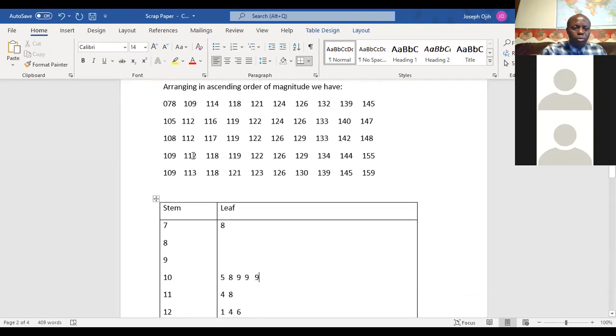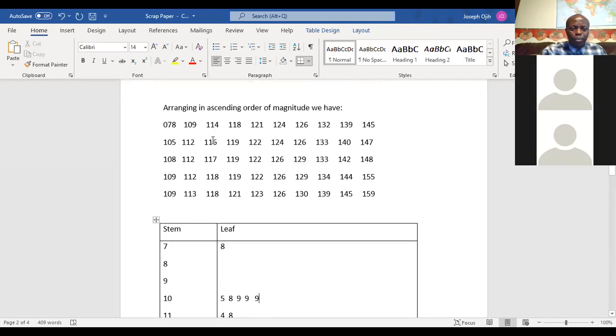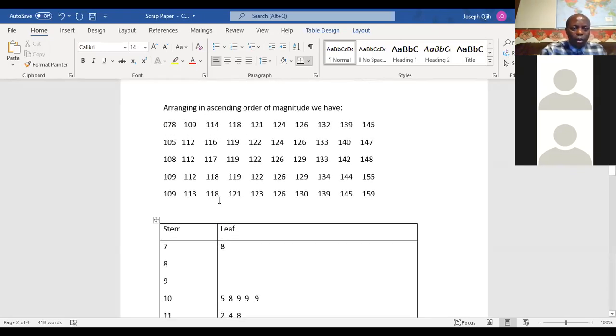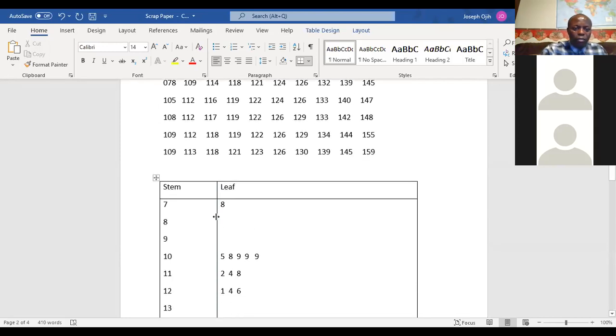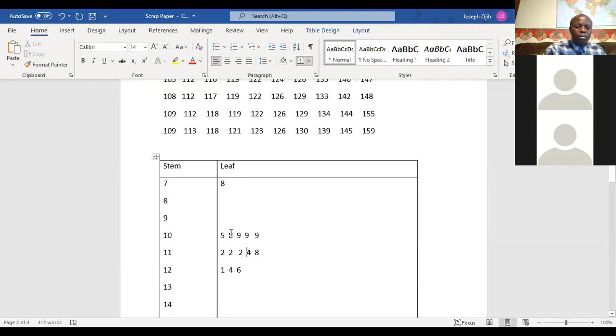So 112, we have 112 here. I started from here. I didn't put the 2, so we're going to put the 2 right now. So 112 is 2 of them. There's another one, 112 right here. 3 of them, right? Okay, 3 times. So I put the 3 of them. Then 113.